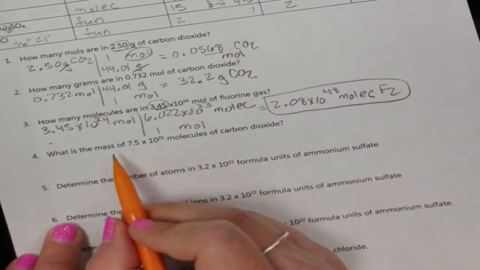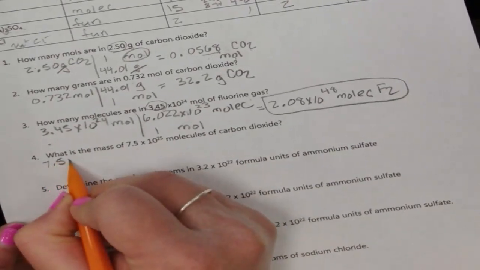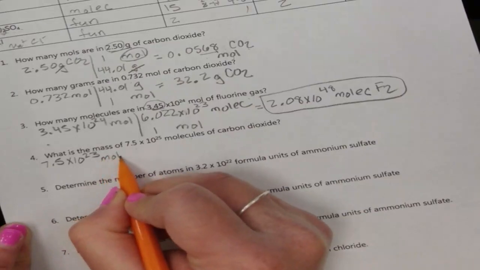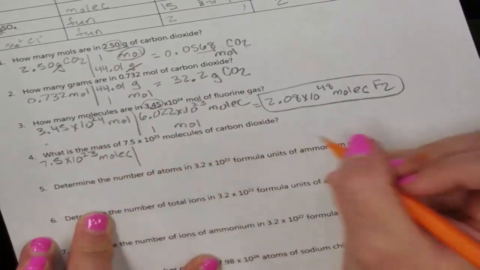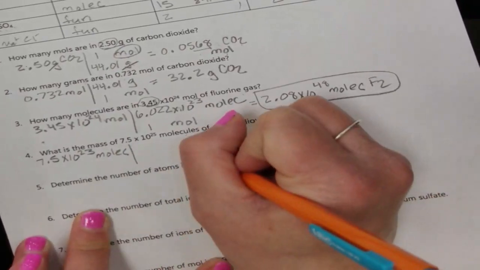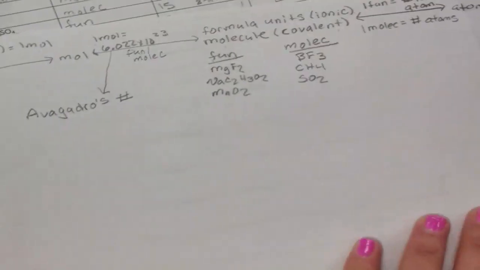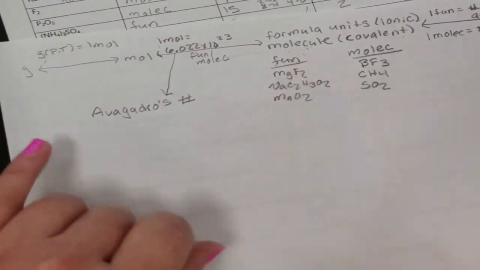All right, what is the mass of 7.5 times 10 to the 23rd molecules of CO2? If molecule is on top, it is going to go on bottom. Now, I am at the molecule, and I am being asked for the mass.